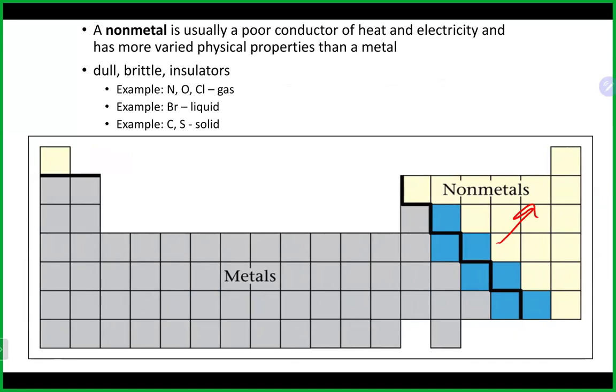You have some nonmetals that are liquids, you have some that are gases, you have some that are solids. A lot of our diatomic molecules that are elements are nonmetals, pretty much all of them. That's our H2, our N2, our O2, our F2, Cl2, Br2, and I2.